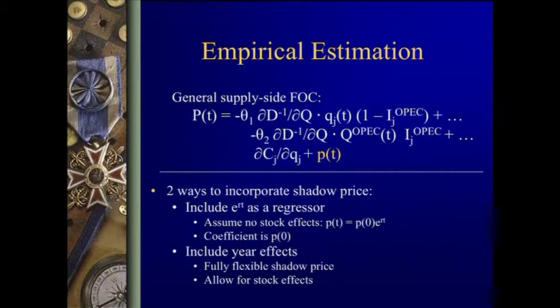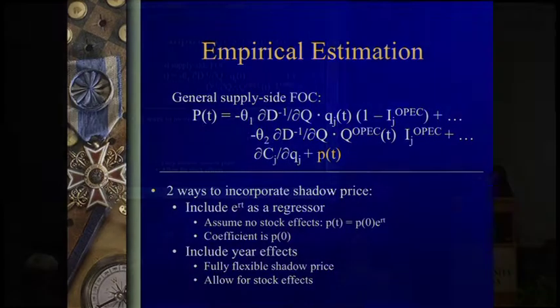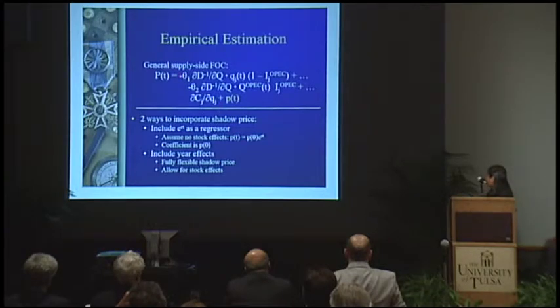So if you assume an interest rate R, and then you construct a variable e to the RT, and you regress price on the quantities, the marginal cost, and then e to the RT, the coefficient you get will be P at time 0, so the shadow price at the initial time period. So this is how I incorporate the shadow price, assuming that there are no stock effects.